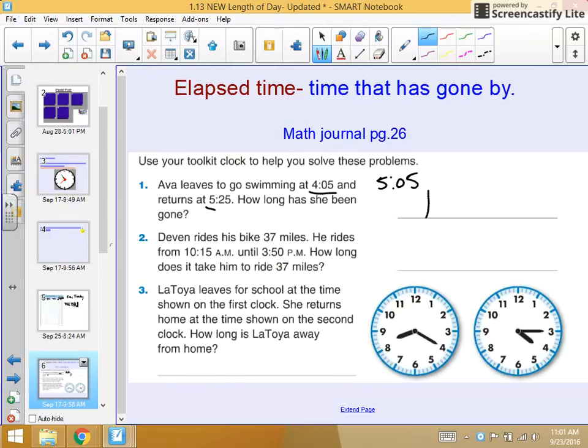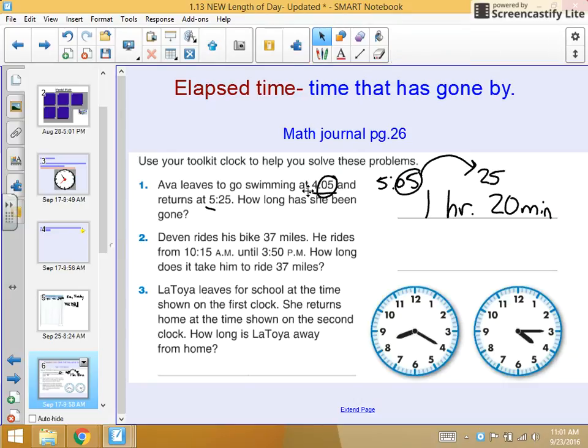We know that it's going to be 1 hour. And now all we have to do is count the minutes. From 5 minutes, right here, up to 25 minutes. 5 to 25, I can do a subtraction. 25 minus 5 equals 20. So I know that 1 hour and 20 minutes is going to be my answer for question number 1.